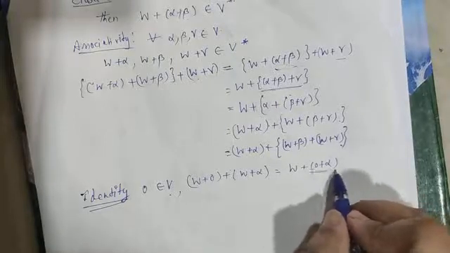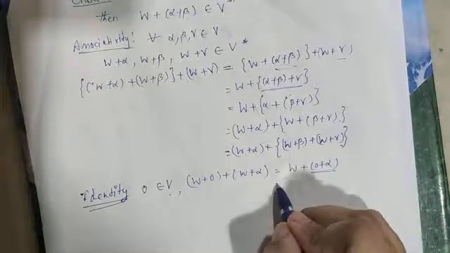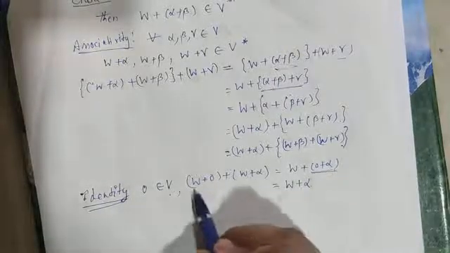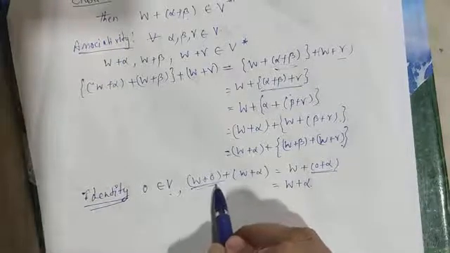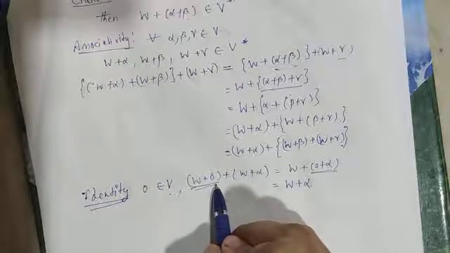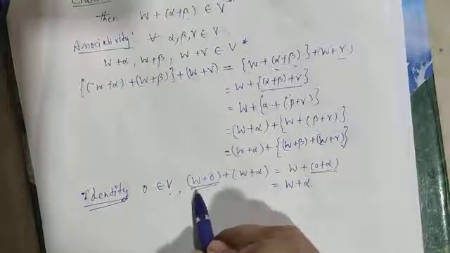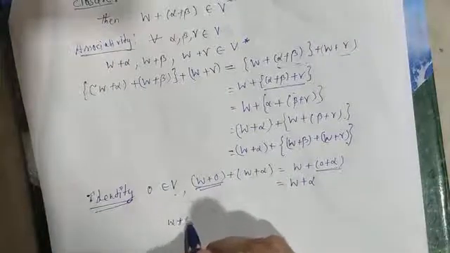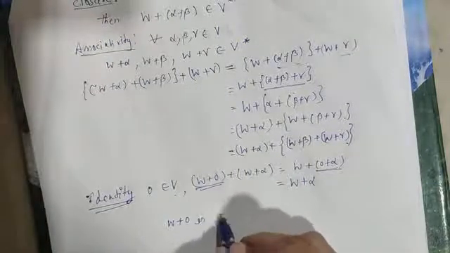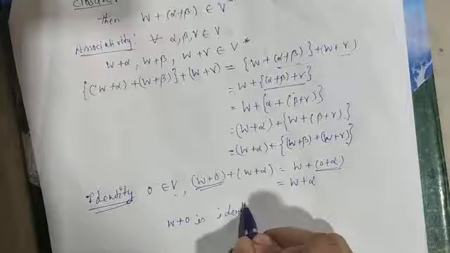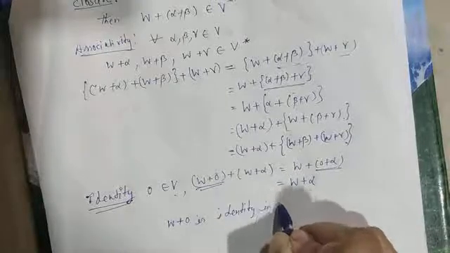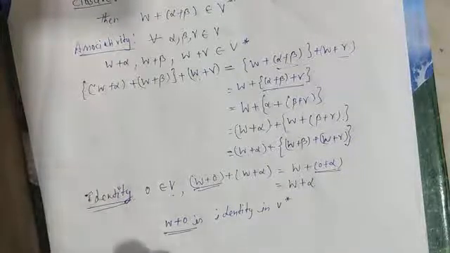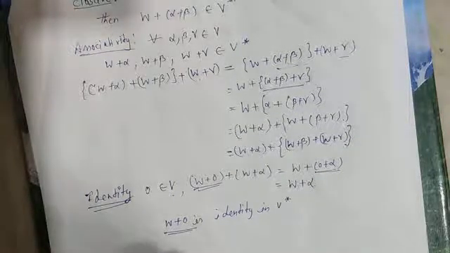So again using identity property, this becomes W plus alpha. So we can see that W plus 0 is identity element in V star. So W plus 0 is identity in V star.